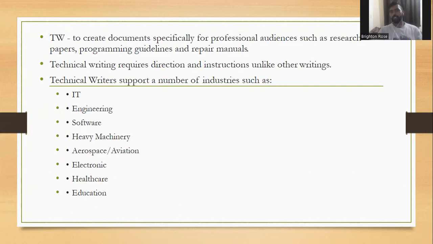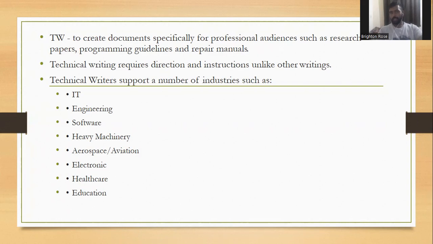And it ensures that it goes through revision at every phase, right? So they have to be very careful when documenting a particular procedure or a particular user manual. It supports a number of industries like IT, engineering, software, heavy machinery, aerospace, electronics, healthcare, and education.